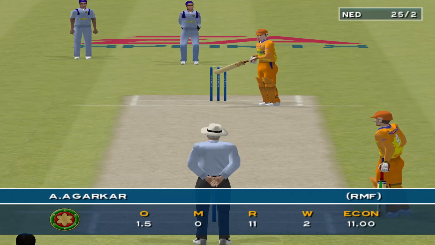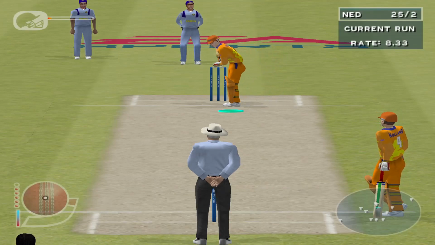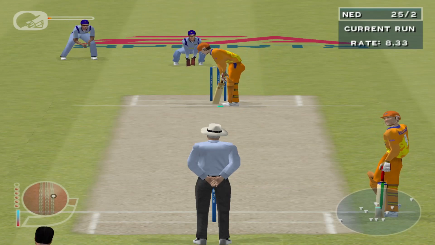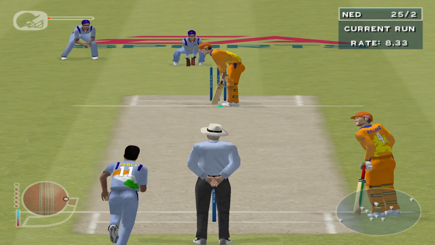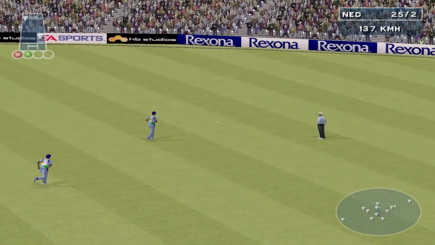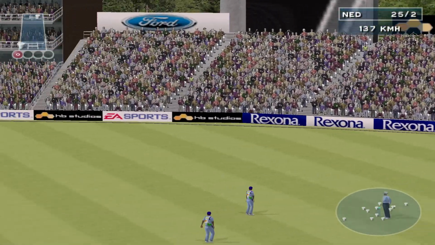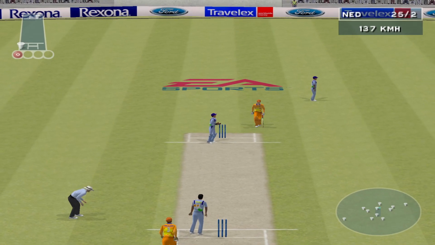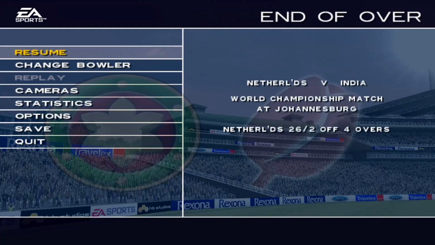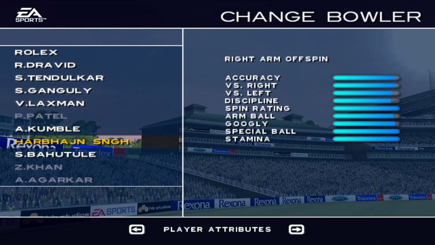Van Nortwick waiting at the striker's end. There should be some runs here. One run to Van Nortwick. 3 runs came from that over by Agaka.